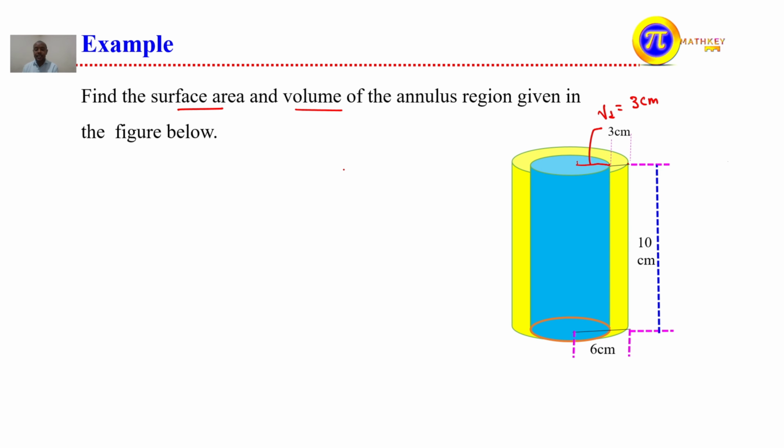So what is the surface area of this figure? To find the surface area, you have to find the area between the inner one and the outer one, which is area 1.